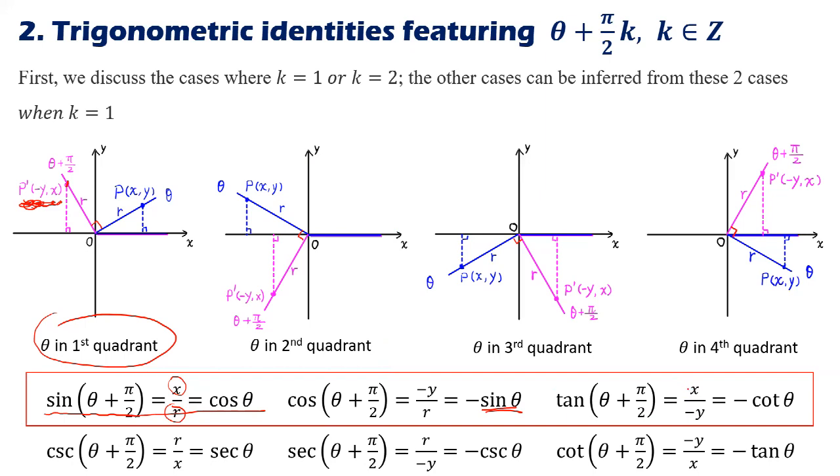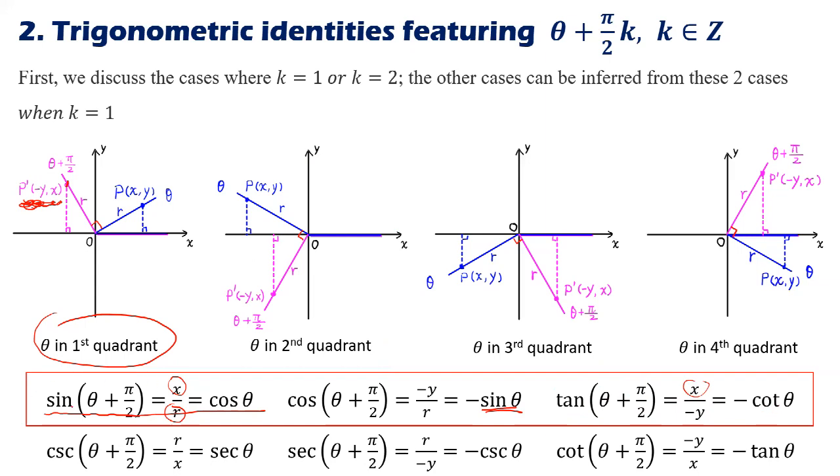The y coordinate is x, because we are now considering p prime. The y coordinate is x, and the x coordinate is minus y, right? And in the original angle theta, x over y is actually defined as cotangent theta. So in this way, we have proved that tangent theta plus half pi equals minus cotangent theta, right?